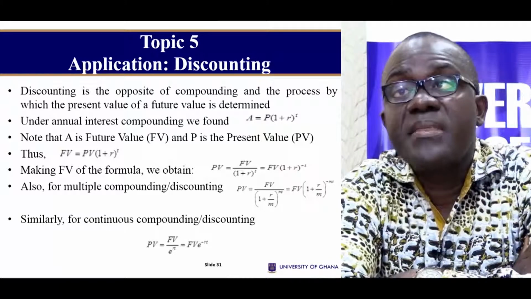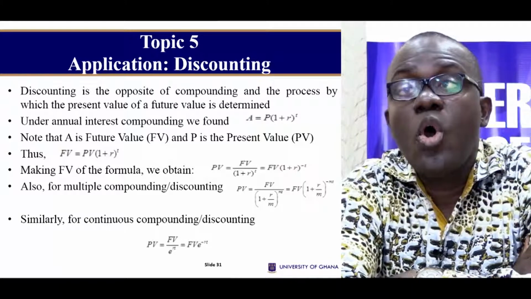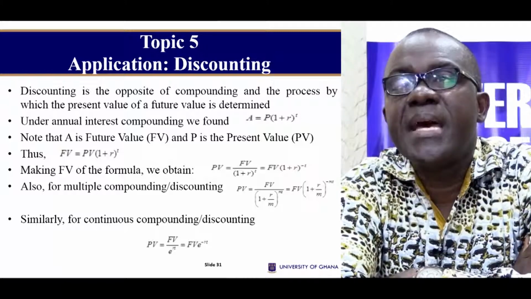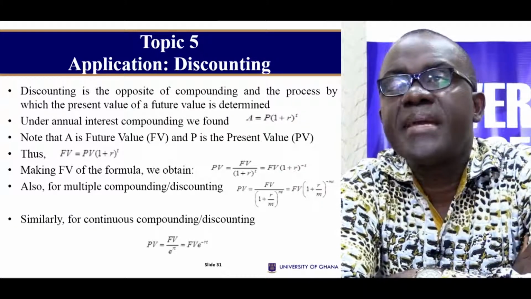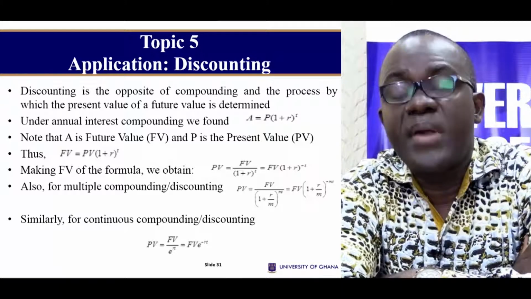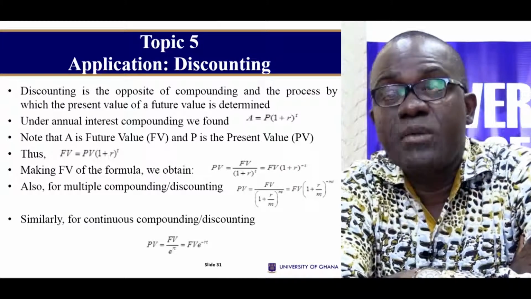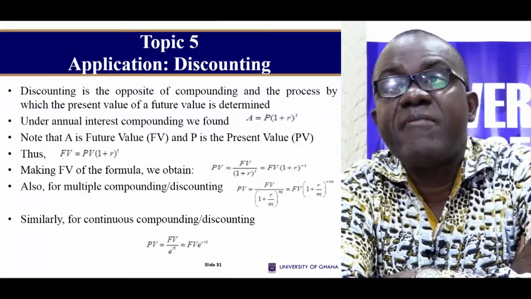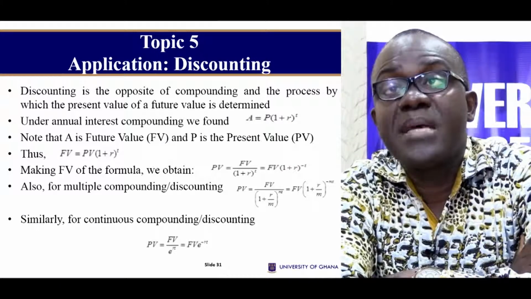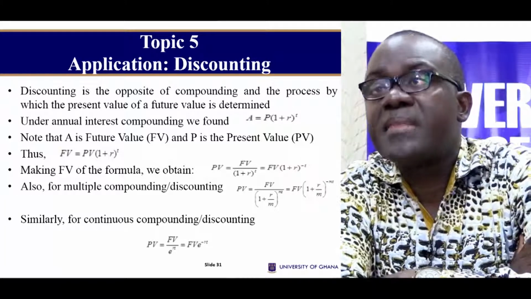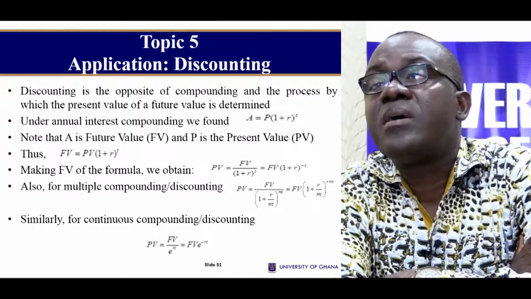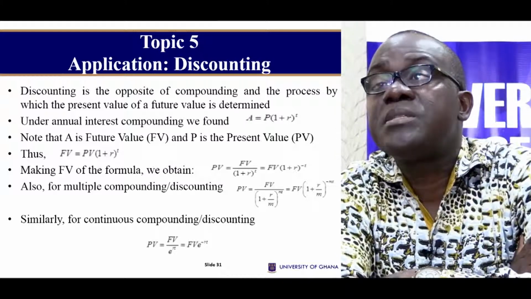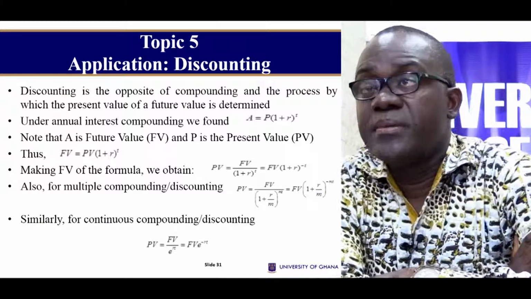Simple. In this equation, all we need to do is find the PV, the present value, and that will just mean dividing the FV, the future value, by (1 + r) raised to the power t. And that is what you see over there. So when I do that manipulation, I get the formula you have over here.